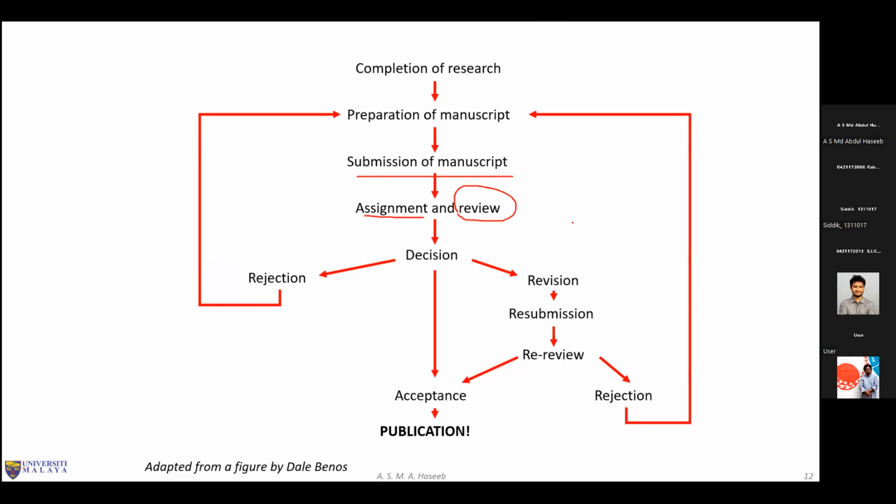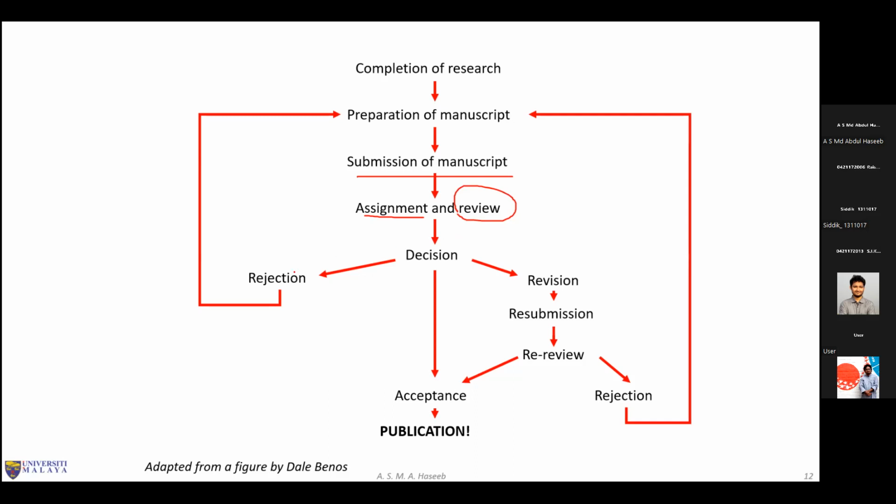They will send the review result to the editor. The editor will now look at the review results, and if he is convinced to proceed further or not to proceed further, he will take his action accordingly.